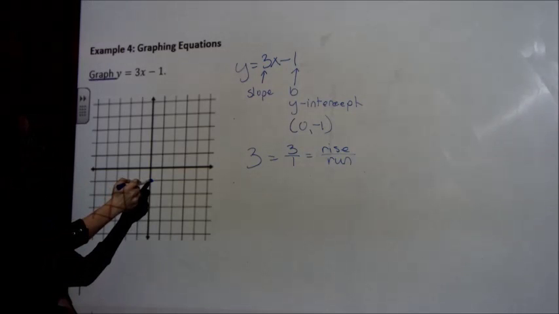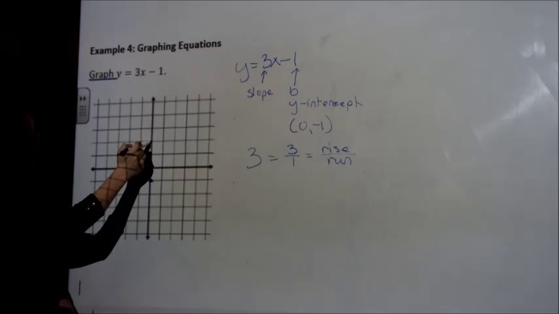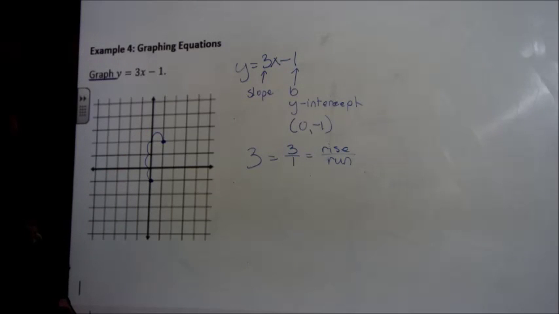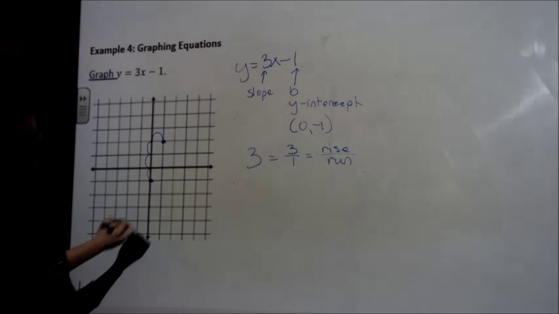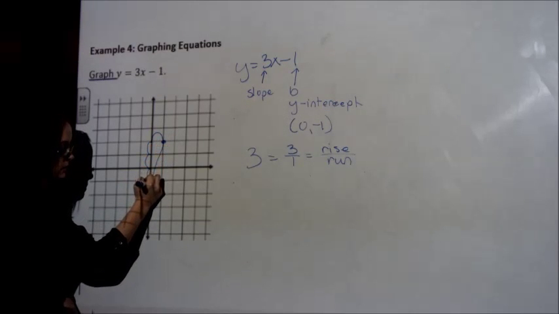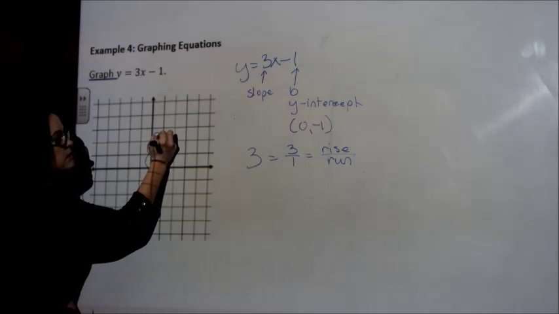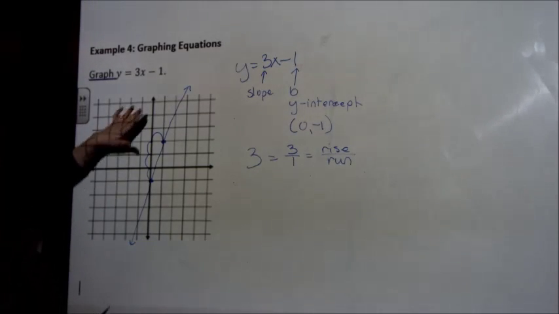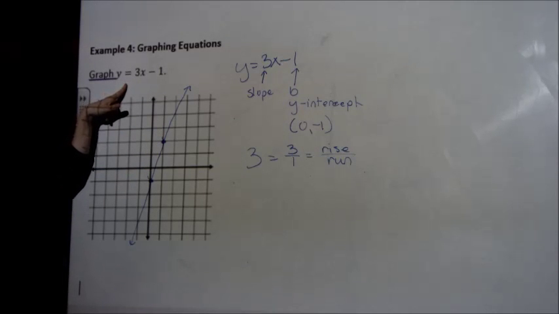So if we start at the first point we found, and we go up 3, we rise 3, 1, 2, 3, and we go over 1, we can have a second point here. And based on this second point, we can draw a line. Sorry for my bad art skills, guys. And that's how you would draw a line based on a linear equation.